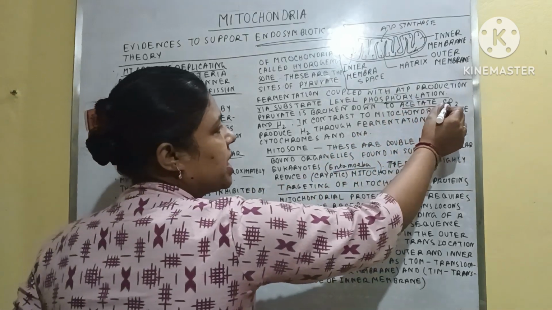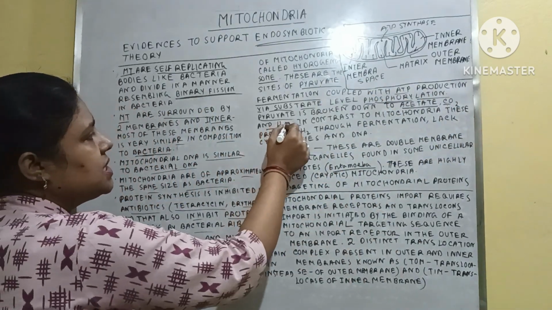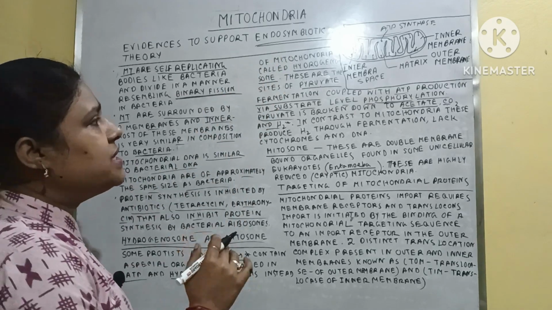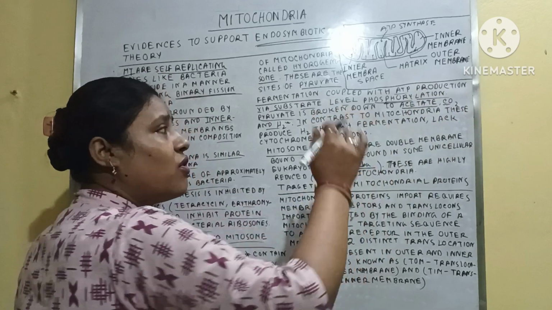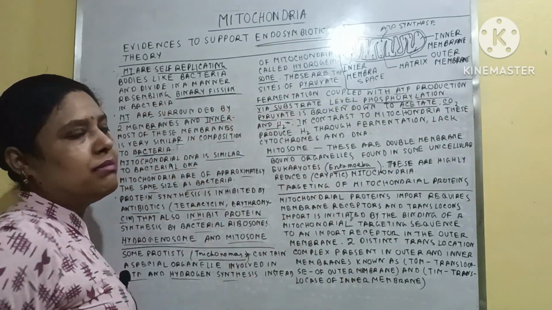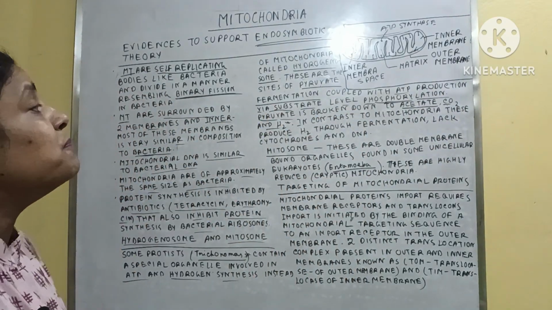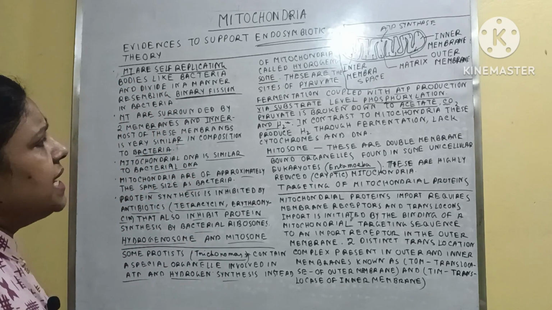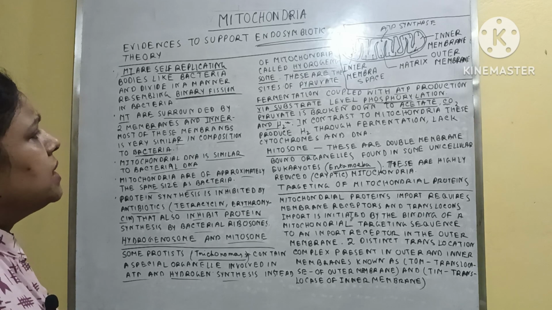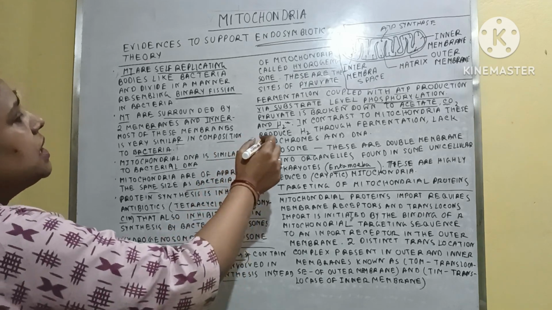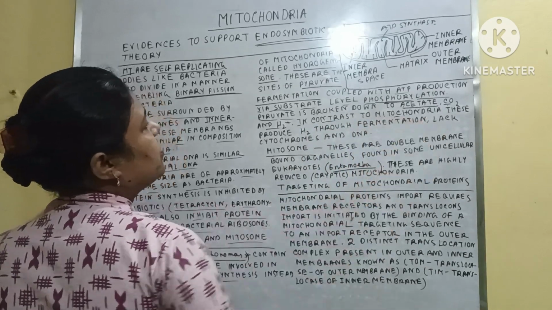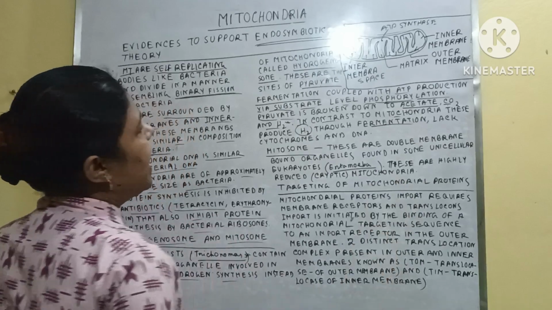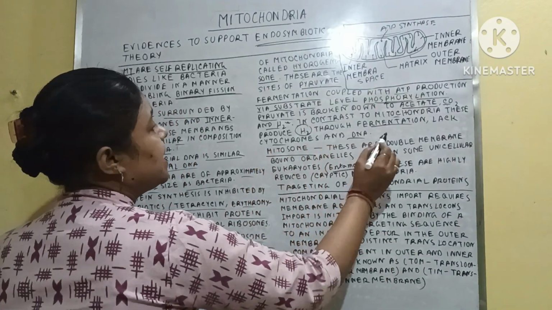CO2 is also produced here, along with hydrogen, but hydrogen is not produced in the general aerobic respiration process in mitochondria. In contrast to mitochondria, hydrogenosomes produce hydrogen through fermentation and lack cytochromes and DNA.